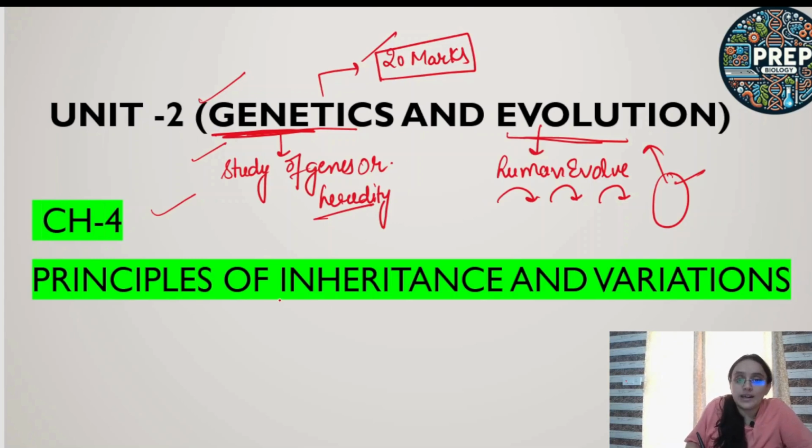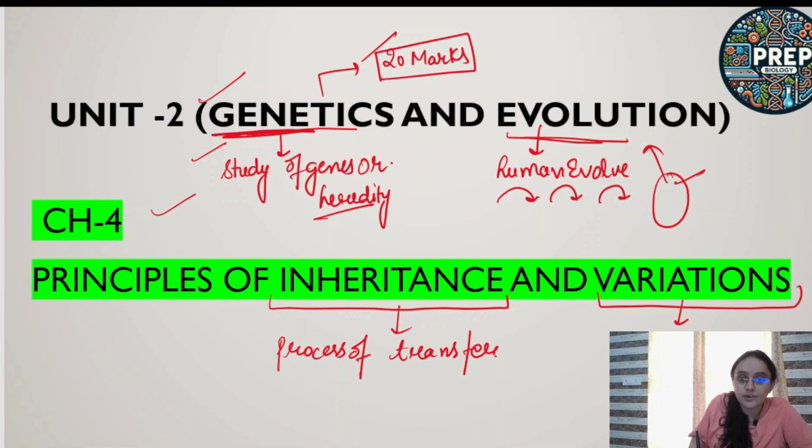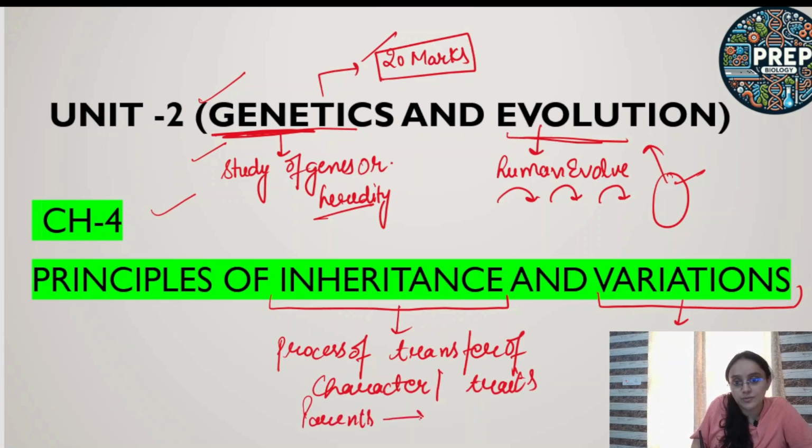And now, what is inheritance? These terms are very important and repeatedly used in the lecture. Inheritance means it is the process of transfer of characters or traits from parents to offspring. This is important.